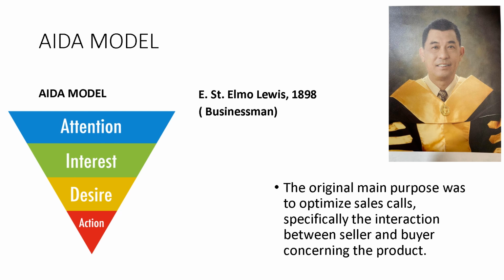He is an American businessman. The original purpose of the AIDA model is to optimize sales calls, specifically the interaction between the seller and buyer concerning the product or the service. So this tutorial video is really an application of how the AIDA model can be reflected in the steps in the selling process.